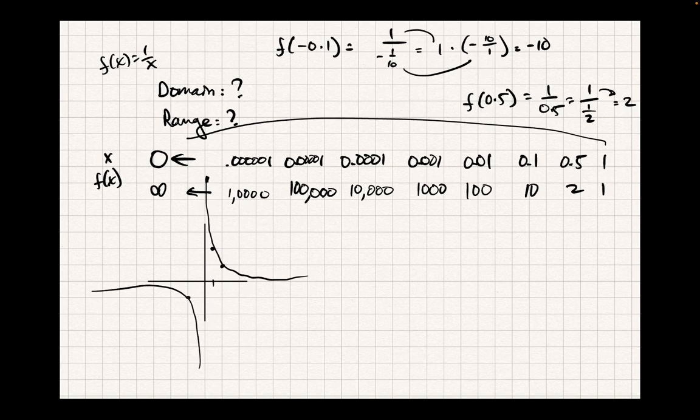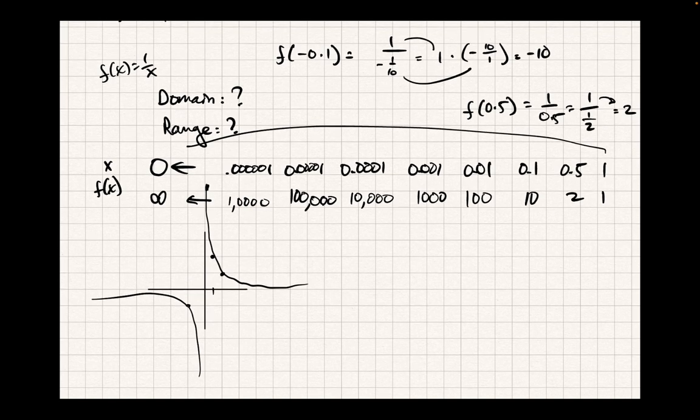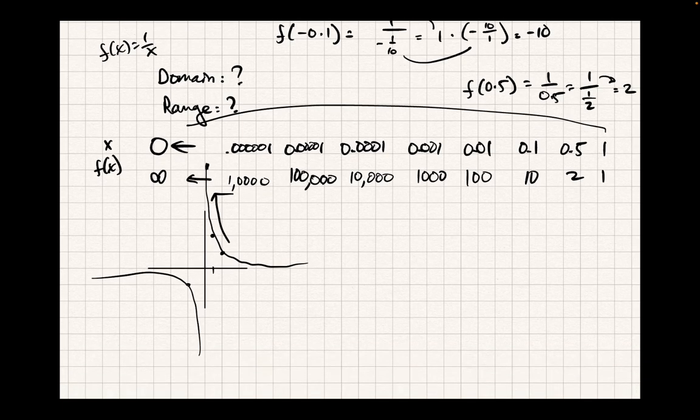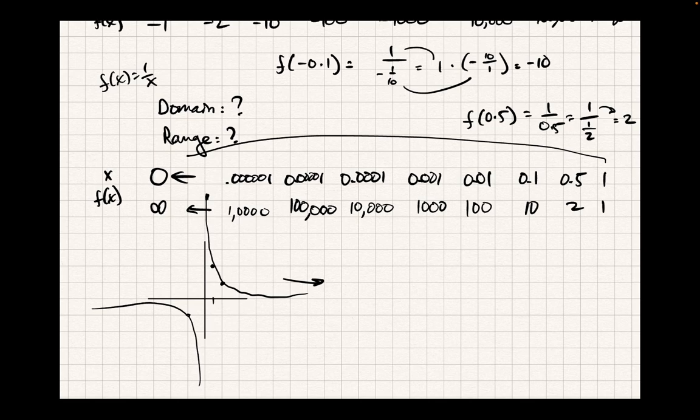So as x approaches 0, depending on which side it's coming from, f of x either approaches infinity or negative infinity. What does f of x approach as x approaches infinity? 0.